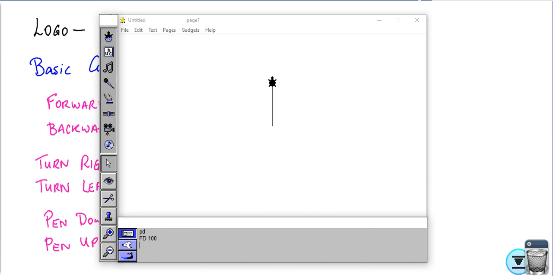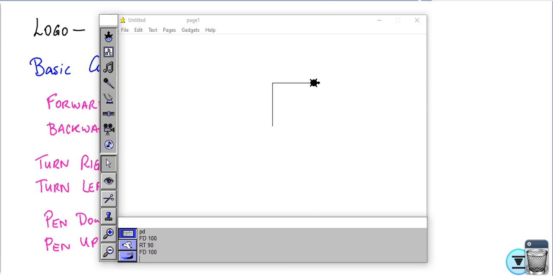For example, I would like the turtle to turn to the right. So I tell her right, and I need to write down the angle. For example, 90 degrees. So if I tell her right 90, you're going to see the turtle turning to the right by 90 degrees. If I tell the turtle to, again, go forward 100, the turtle will go forward 100.